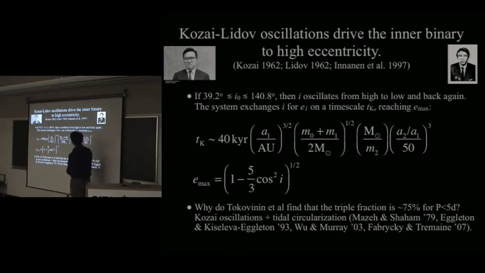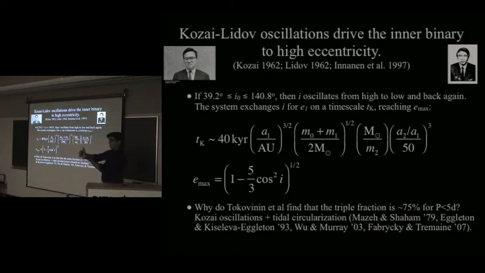The inner orbit's angular momentum is maybe like this, and the outer orbit, the tertiary, its angular momentum is like this. The inner binary angular momentum goes through periodic excursions like this, and as it does, the plane of the outer tertiary's orbit changes slightly, so as to conserve the z component of angular momentum, I think.